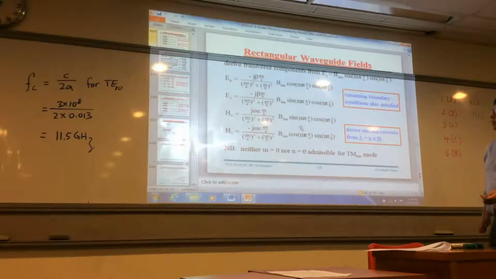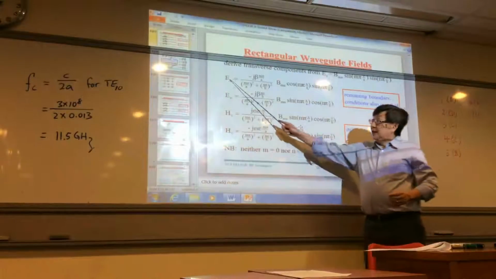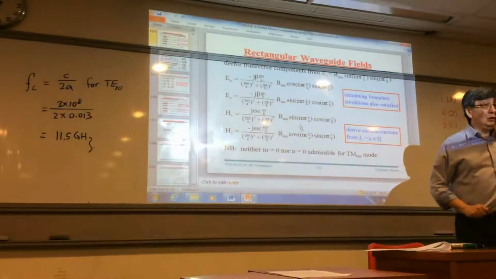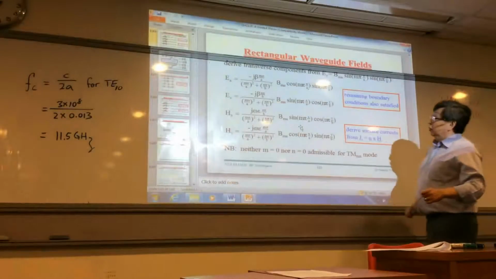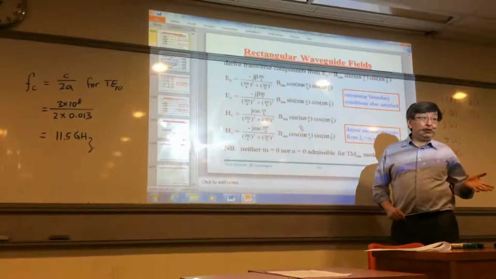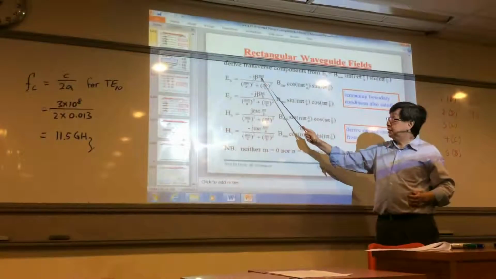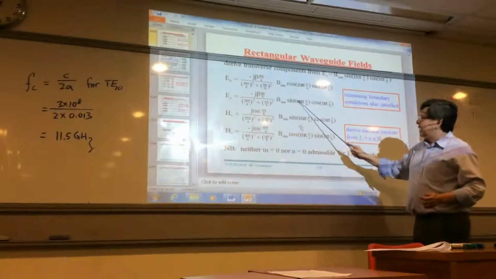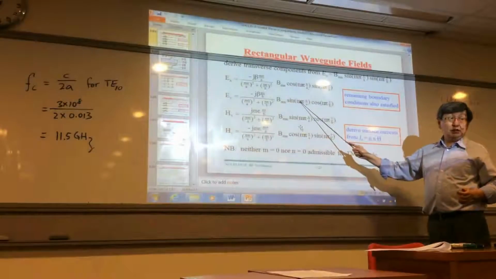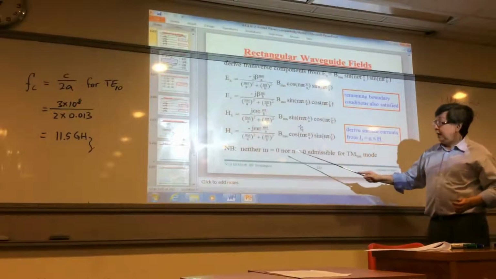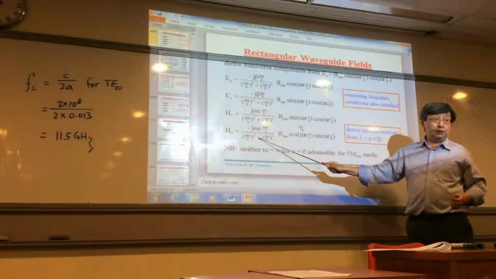Now these are the electric fields and magnetic fields for the TM mode. Now, what if m is 0? If m is 0, then this one drops to 0 because there's an m there. Sin of m, this will drop to 0. And over here, you have an m, this will drop to 0.